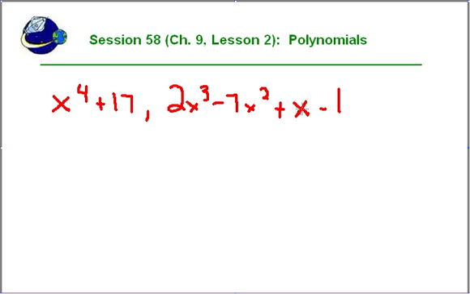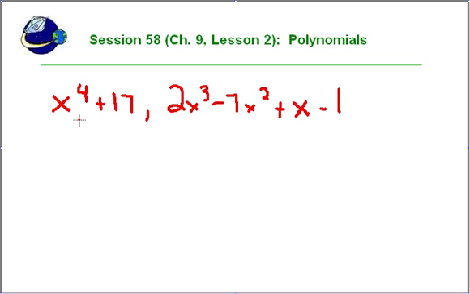Here we have x to the degree of 1. x to the first is the same thing as x. Here we have a minus 7x squared, the degree is 2, and in our first term we have 2x to the third with a degree of 3. So what then is the degree of this entire polynomial? The entire polynomial has a degree of 3, because that's the term that has the biggest degree.